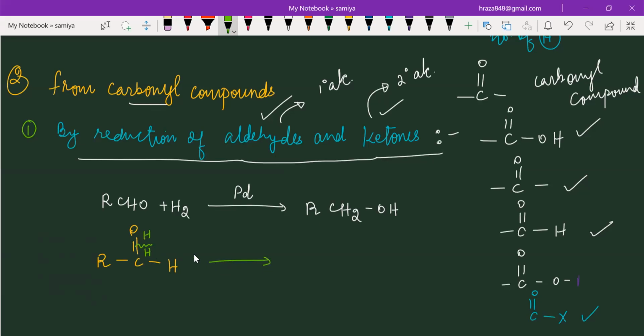So you can see RC, now this carbon already has one hydrogen, and one of the hydrogens comes from here. So it will be CH2, and the carbon is bonded to oxygen, and oxygen will have this hydrogen. In this way, aldehyde is reduced to alcohol.